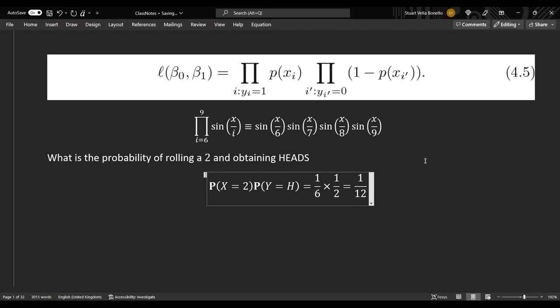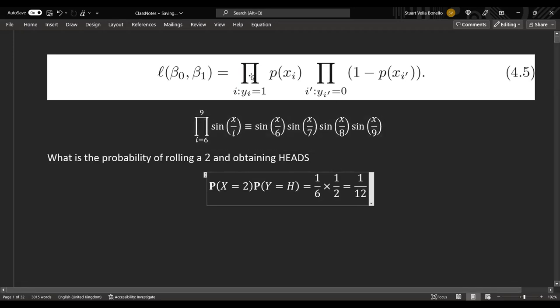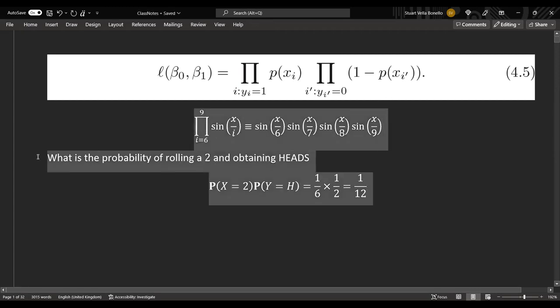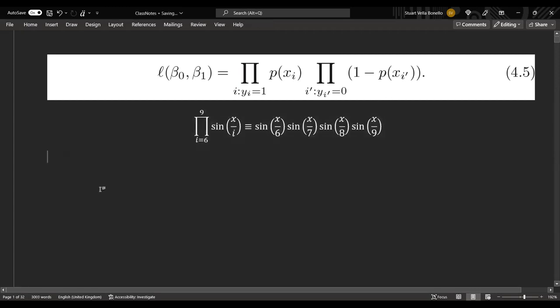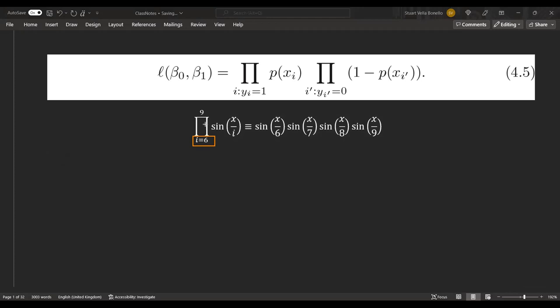I'm just saying this because we're doing the same thing over here. What we're saying is we have a probability. Now the indexing is slightly different. The example I showed you uses this indexing from 6 to 9. Instead, this indexing is telling you all those observations. These are people, borrowers.